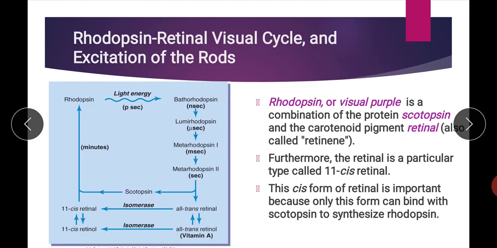Now we are going to discuss the retinal visual cycle and excitation of the rod. So, rhodopsin or visual purple. Rhodopsin is also known as visual purple.